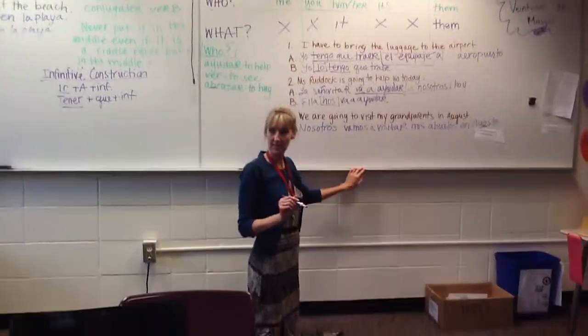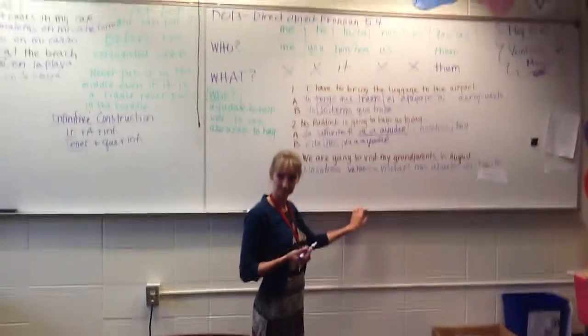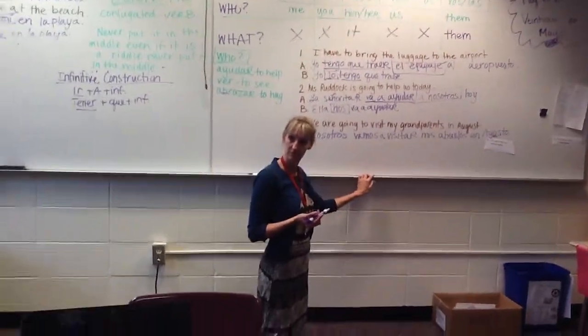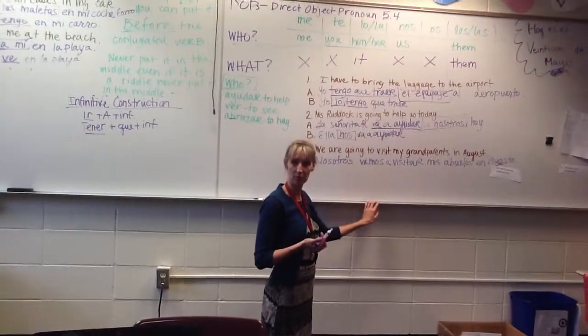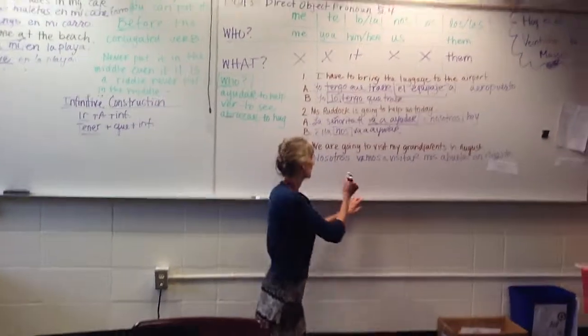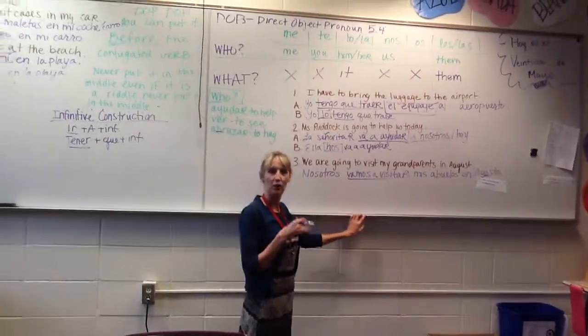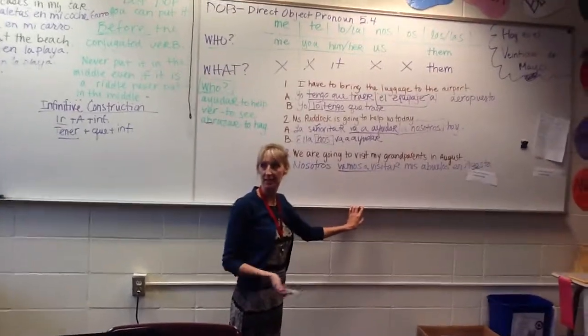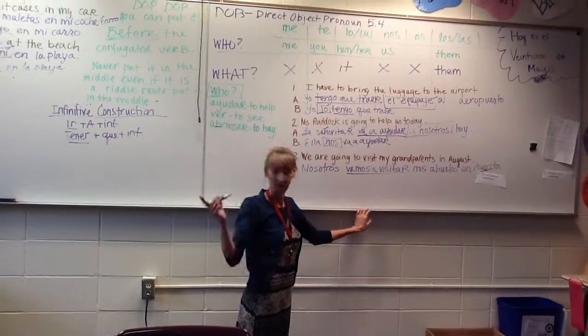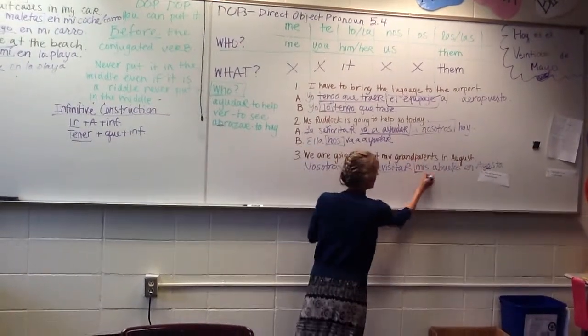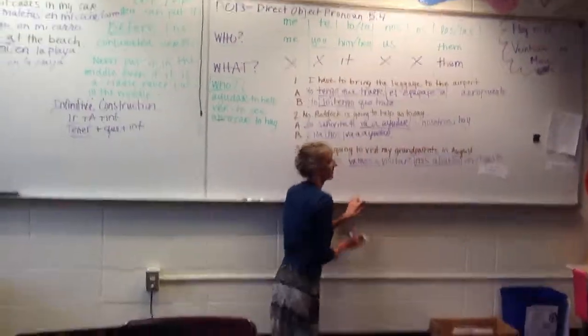Okay, so now, Miss Stevens, what am I going to underline? The conjugated verb. So what would you like me to underline? Vamos a visitar. And Felicia, who or what are we going to visit? Good job, mis abuelos. So that is our direct object.